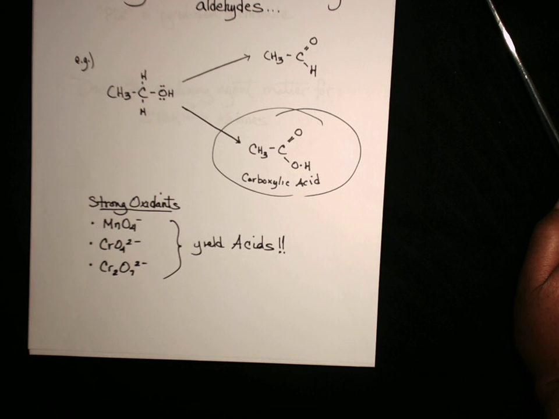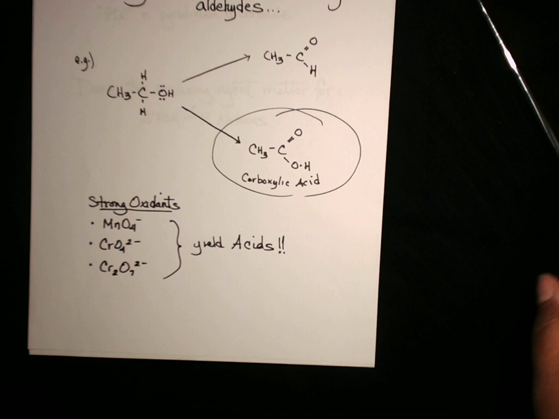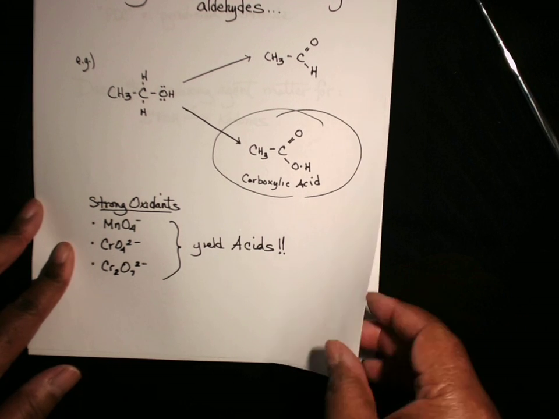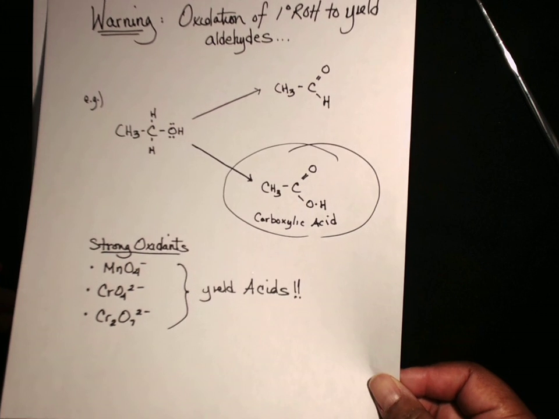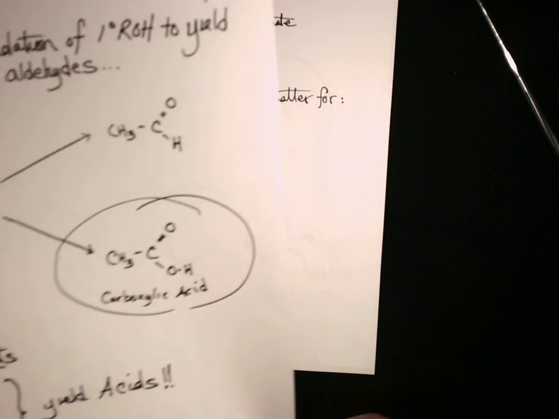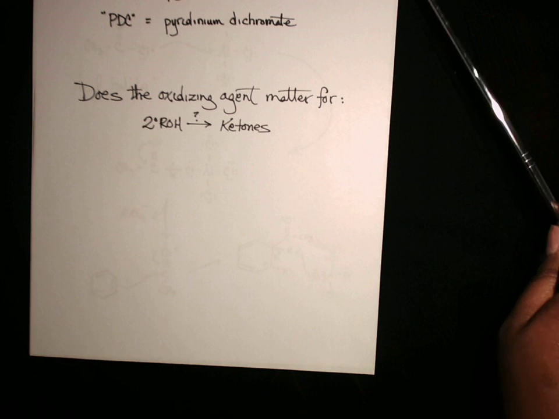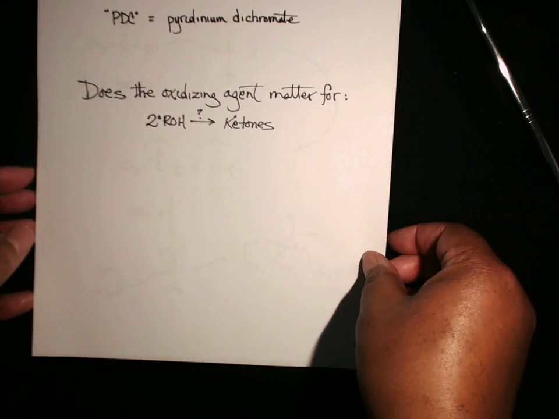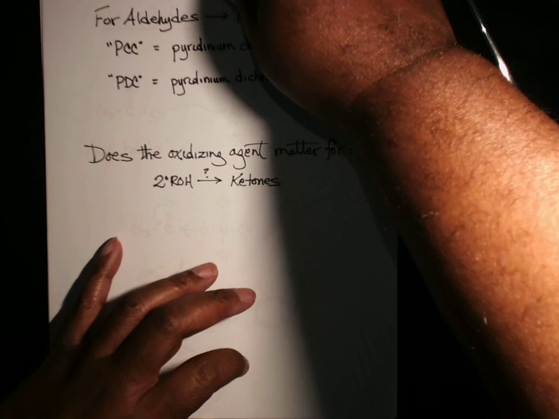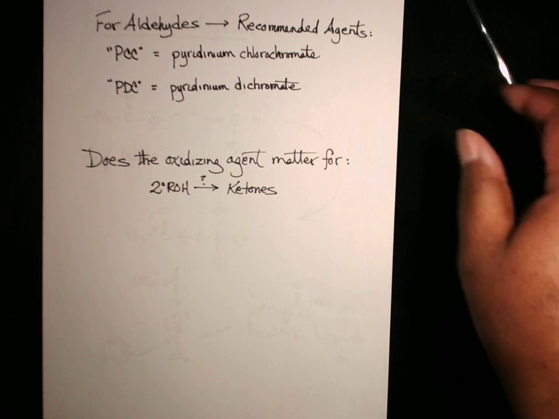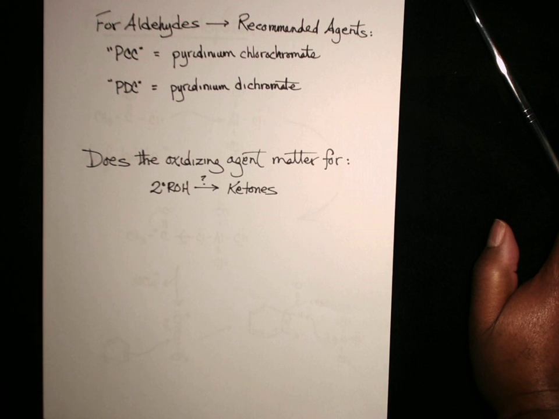But what if you want just a simple aldehyde? Well, I guess the obvious answer is don't use a strong oxidizing agent. Instead, you might want to use an oxidizing agent that we may call middle of the road, meaning strong enough to oxidize the alcohol to an aldehyde, but not so strong as to oxidize it straight to carboxylic acid.